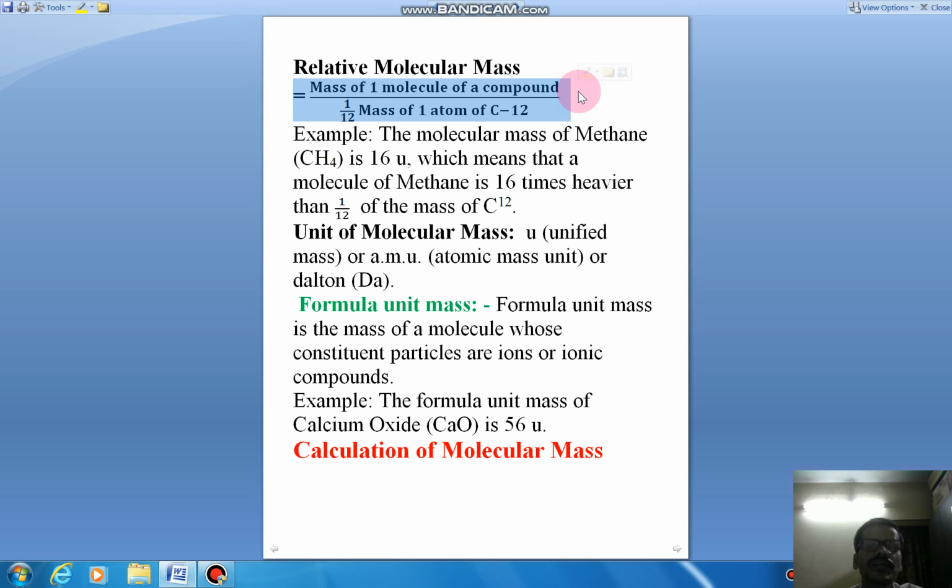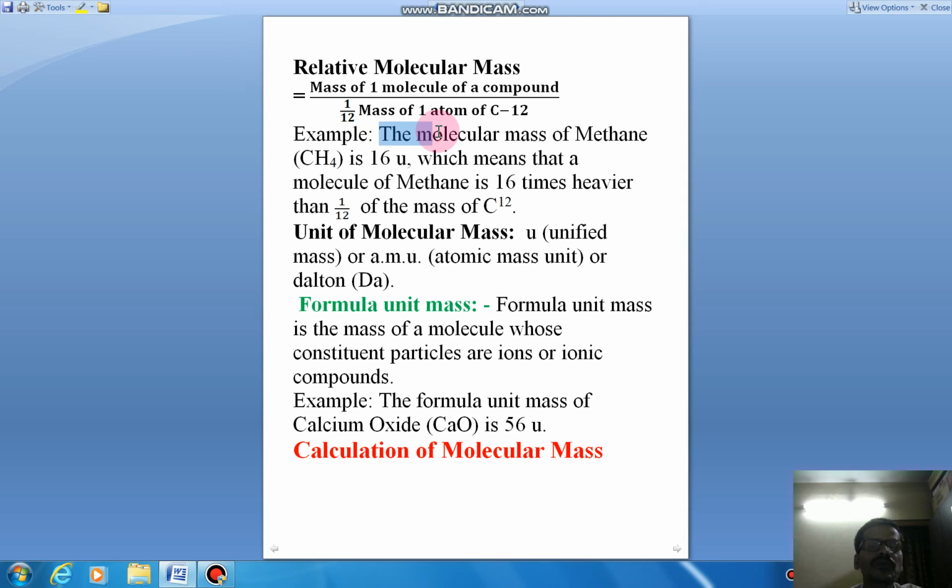And we already know why we are taking carbon 12, because exactly its 1 by 12 part is 1 U. So that carbon is considered a standard mass for comparing the molecular mass and atomic mass.